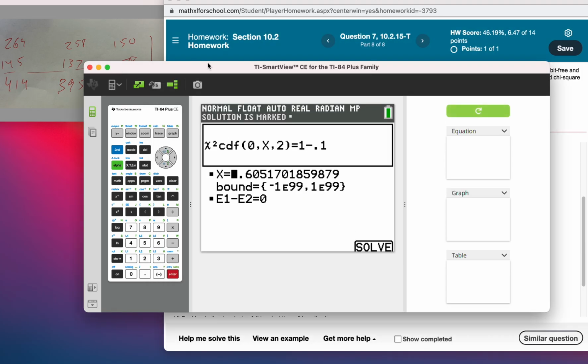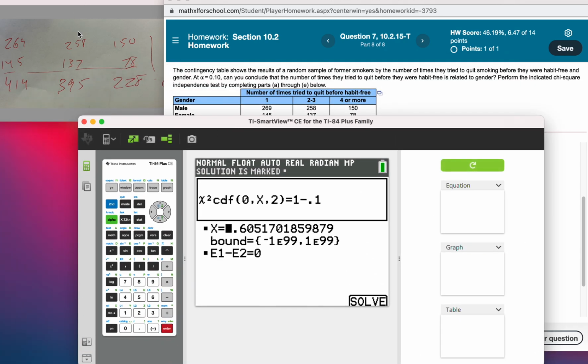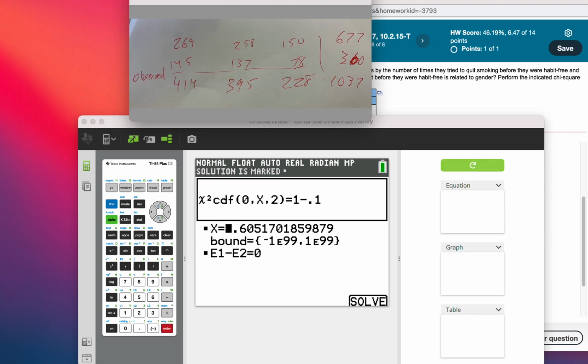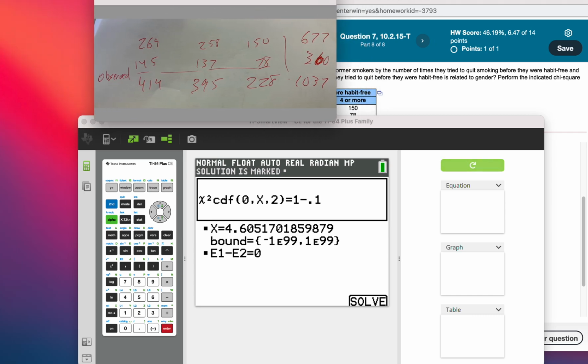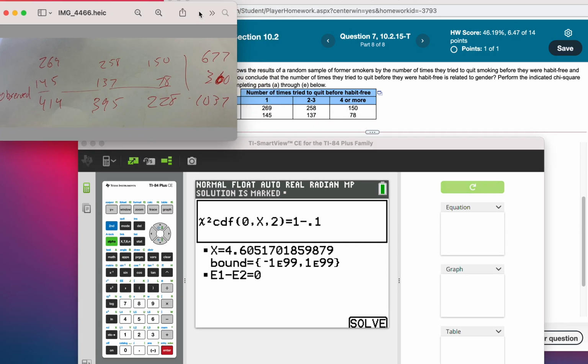Okay, so we take these numbers, and I think I have them written up here too. Maybe I'll show you this. Okay, so this is the matrix. Hopefully you can understand my handwriting, but I just wrote them down: 269, 145, 258, 137, 150, 78.